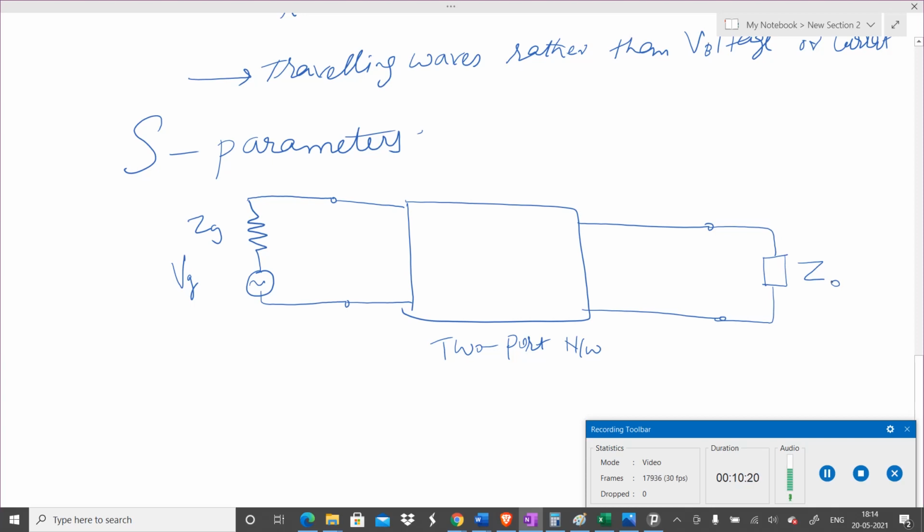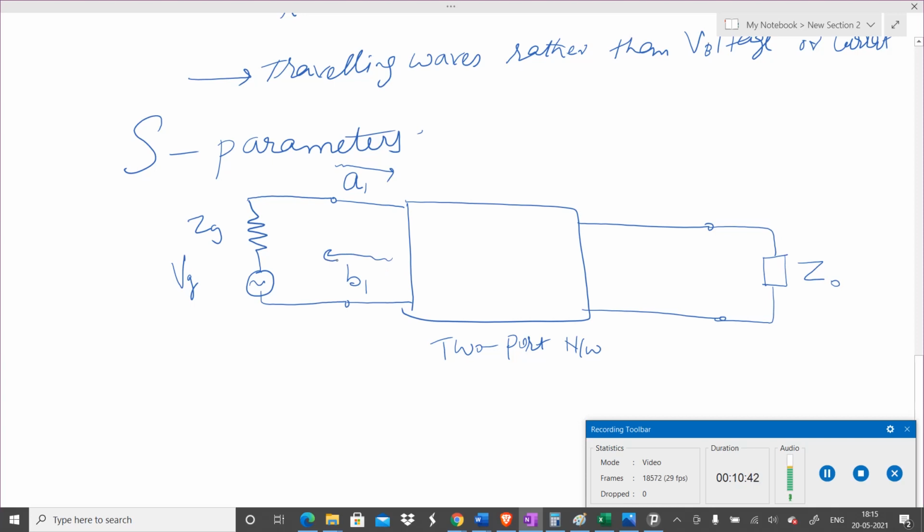And the incident waves, the traveling waves coming at the input of any two-port network representing microwave circuit, we denote that by letters A and B. So here I denote with A1 the incident wave, and here B1 the reflected wave.